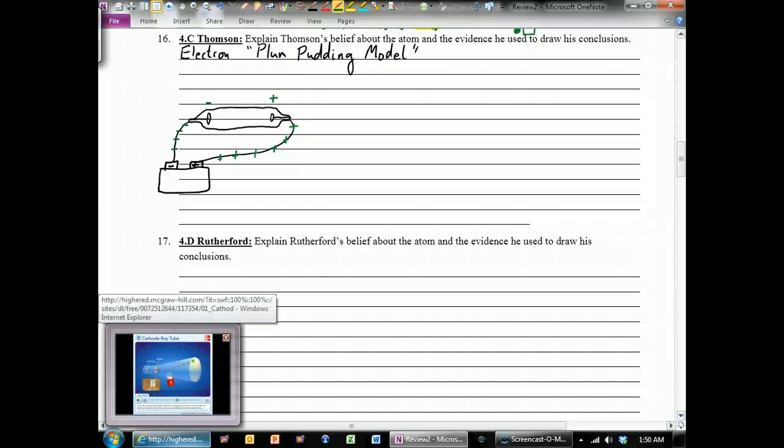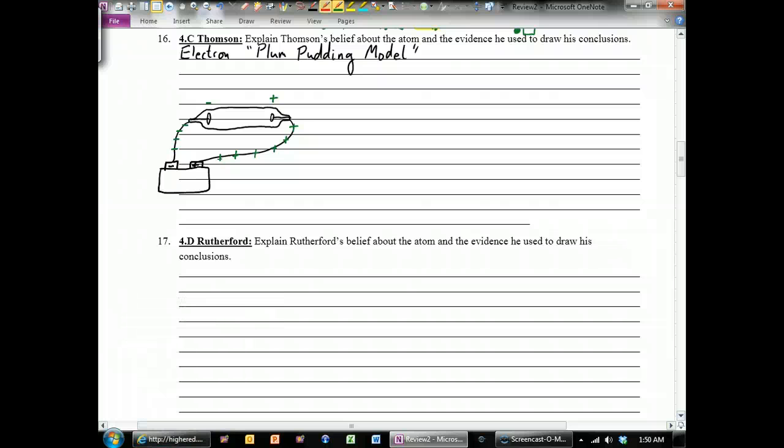When he hooked this battery up, he saw a beam of light, and when he put something in the way of the beam, it would block it and he wouldn't see it coming out the other side, so he knew which direction it was traveling.